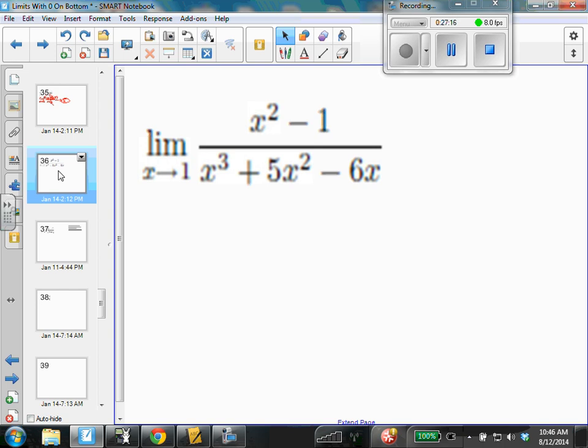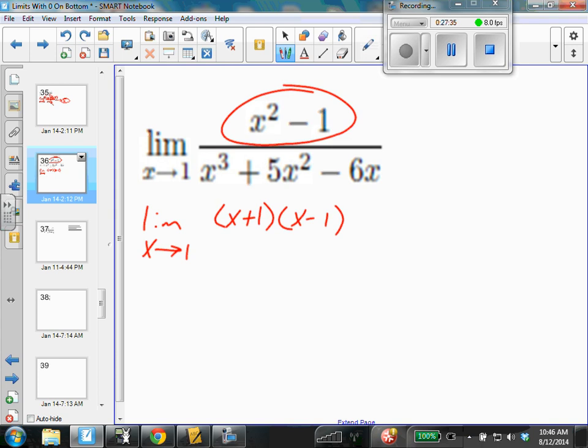So you are going to go over 0 in this one, which means that we can simplify. So the limit as x approaches 1, and then the top part is what? What is the top? Difference of squares. Very good. So this is just going to factor into x plus 1, x minus 1.